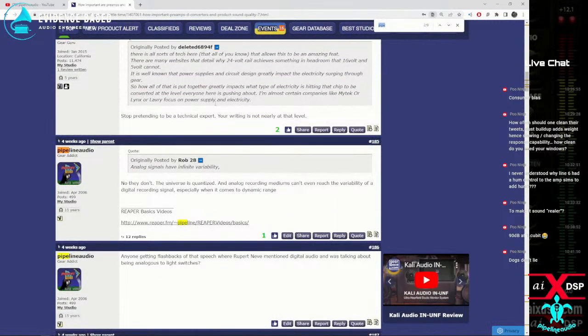Okay, so Rob28 claims analog signals have infinite variability. I got to tell you, I don't understand quantum mechanics, but I've read enough, I hope. Analog signals don't have infinite variability. So I say, no, they don't. The universe is quantized. That's the whole point of quantum mechanics, right?